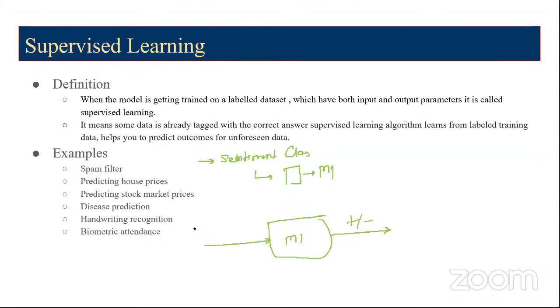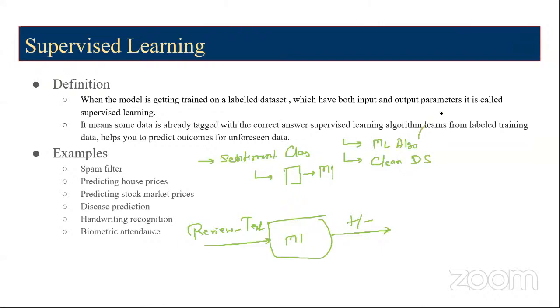Because given any review text, this machine learning model M1 is supposed to predict the sentiment of the review, right? Now, when it comes to modeling, what do we need? We need an appropriate machine learning algorithm, and a clean and relevant data set.